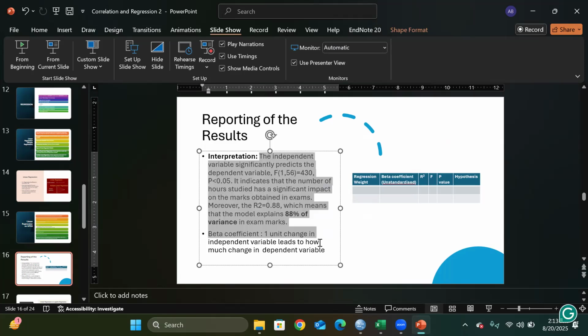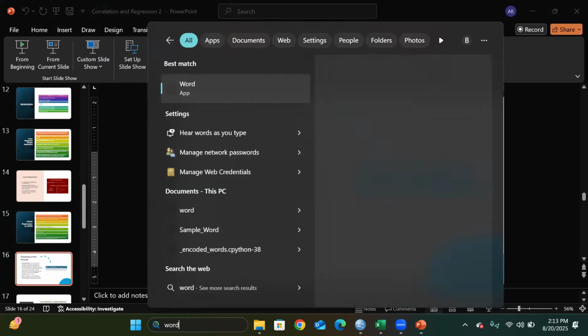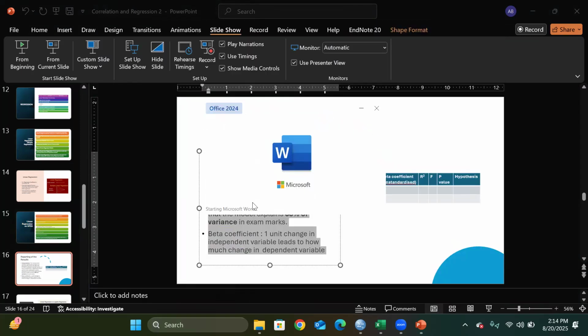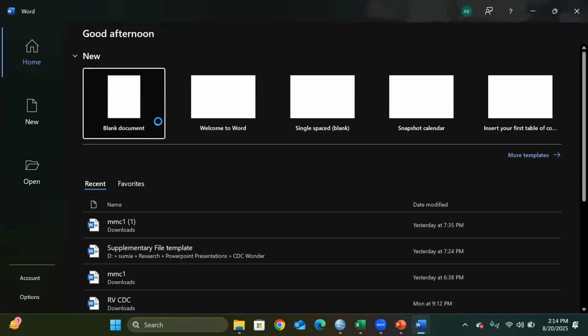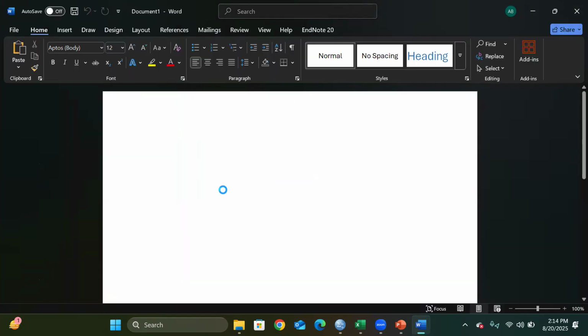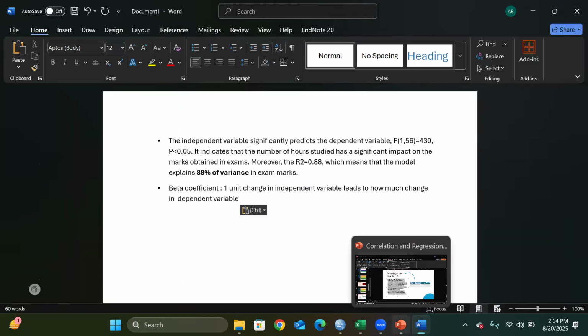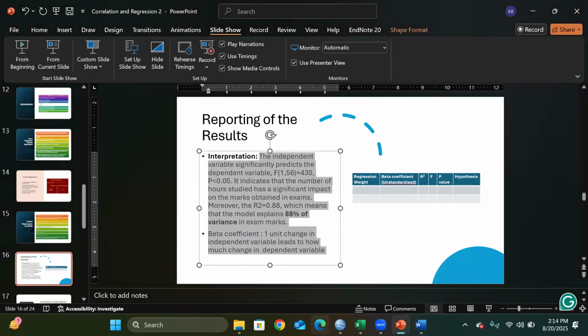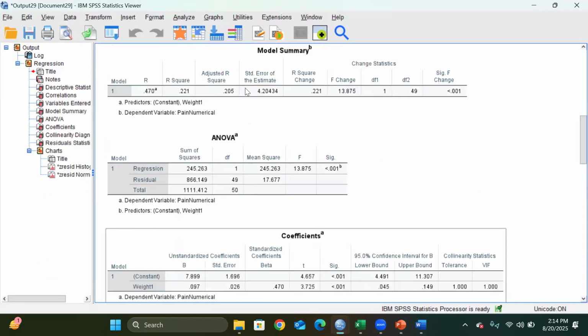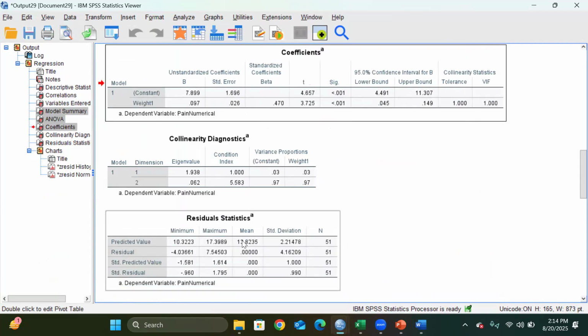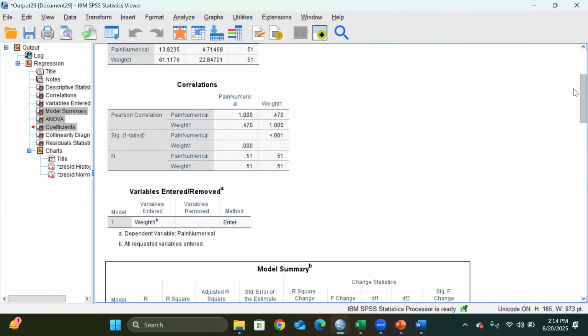Let me take this whole thing into our Word document so I can better explain it to you there. We will be pasting it here, and this is the interpretation, and I will also be copying these three tables to better explain my data. Variables entered, we don't need this.